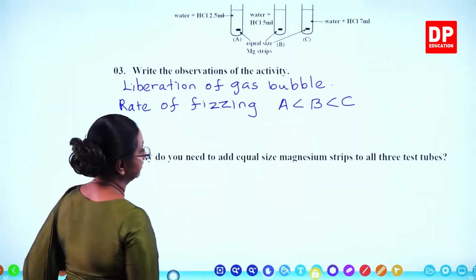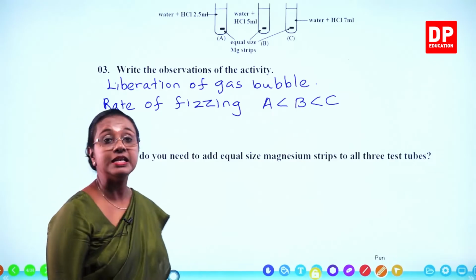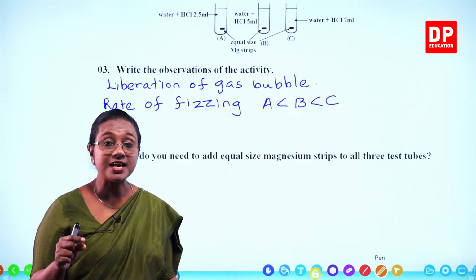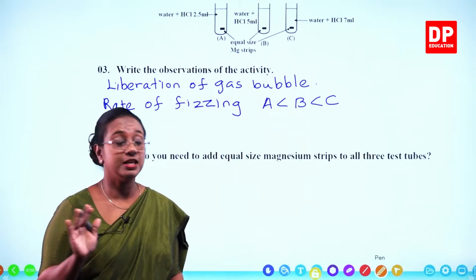Then the next one, fourth one. Why do you need to add equal size magnesium strip to all three test tubes? Why do you need to do that? When you have equal sizes, the surface area of magnesium strips are equal.